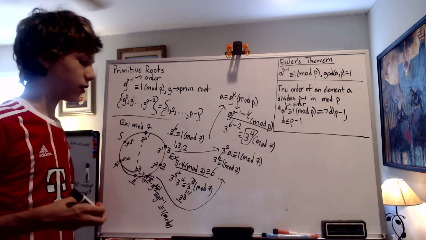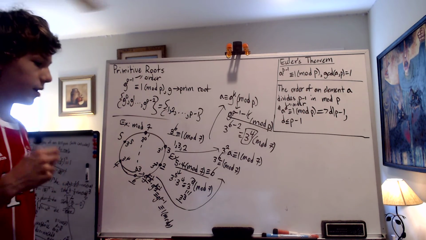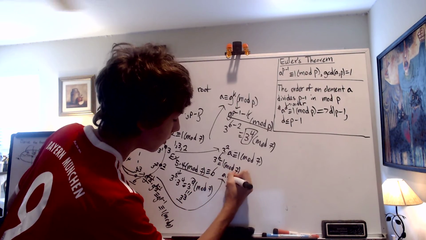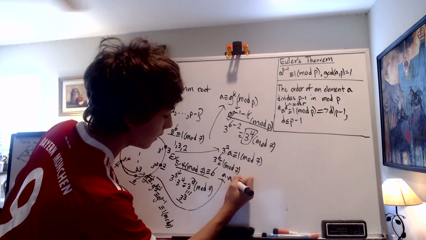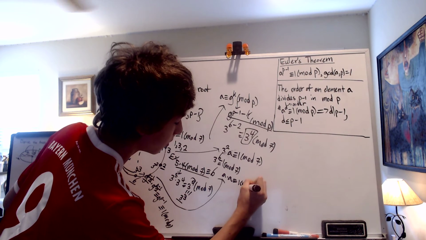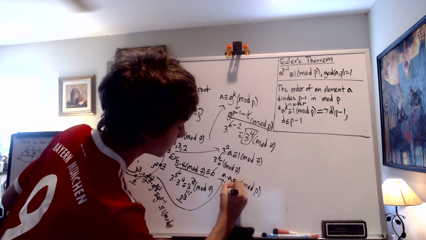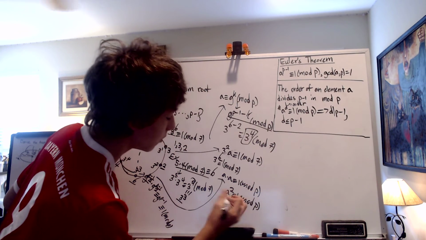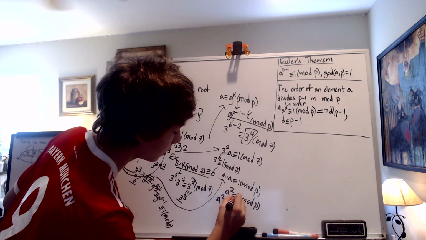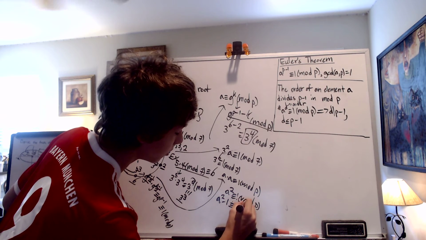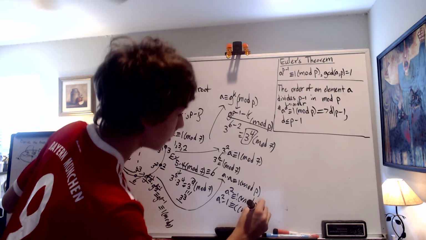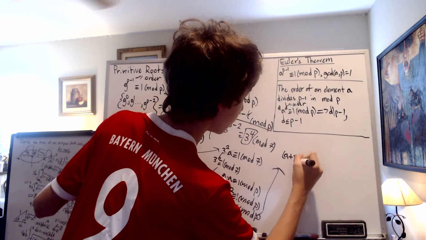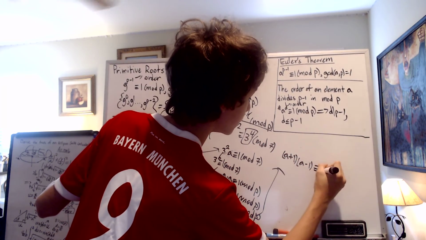So what does it mean for something to be an inverse of itself? Well, that tells us that for some general unit a, a times a has to be congruent to 1 mod p. But this tells us that a squared minus 1 has to be congruent to 0 mod p, which tells us by difference of squares that a plus 1 times a minus 1 has to be congruent to 0 mod p.